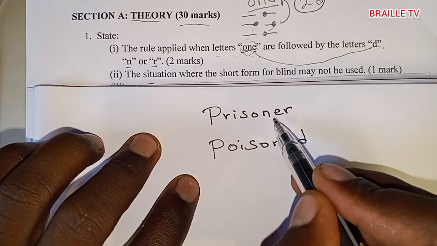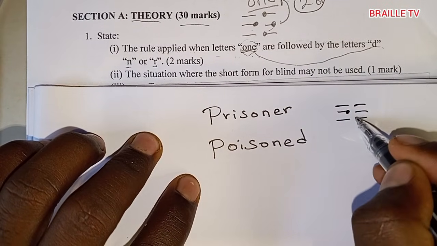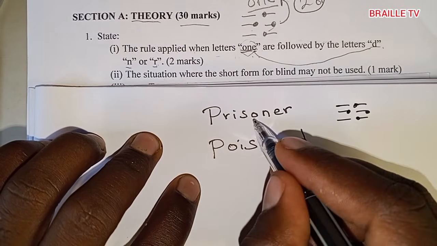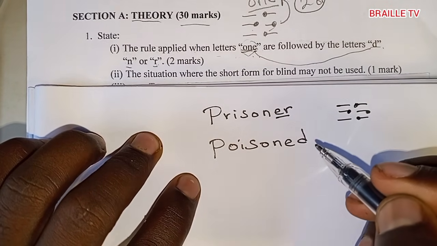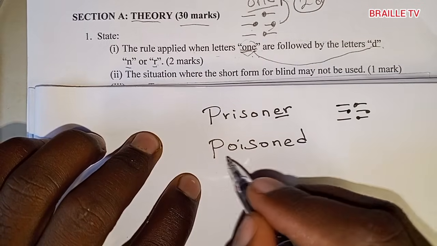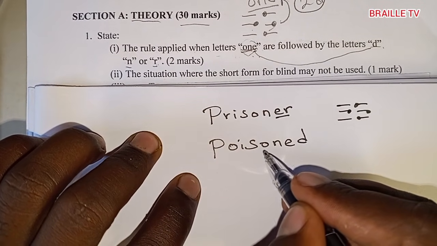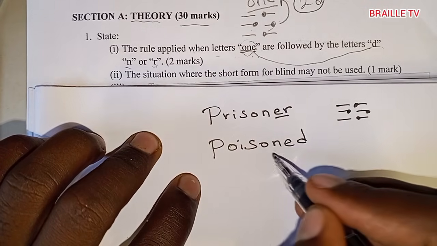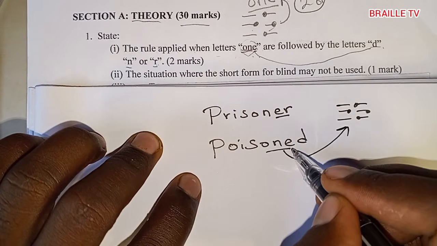One is here. But you cannot write dot 5 to represent or to contract this one. What happens? You contract ER. The same to the word poisoned. We have one here. So because we have this one, we are not going to contract it as dot 5. What happens? You contract ED.